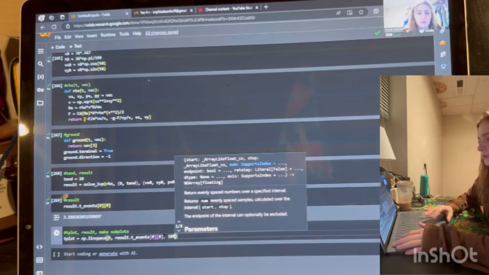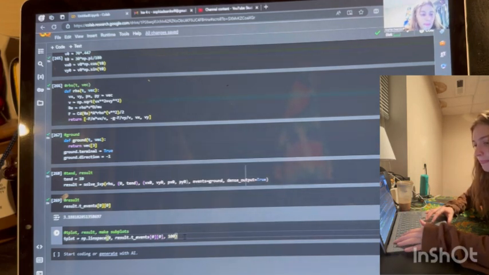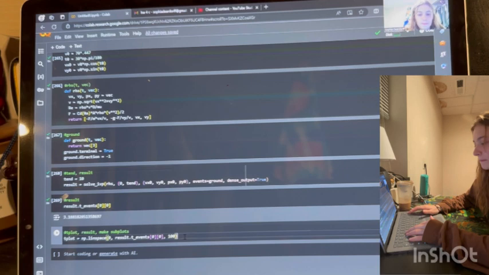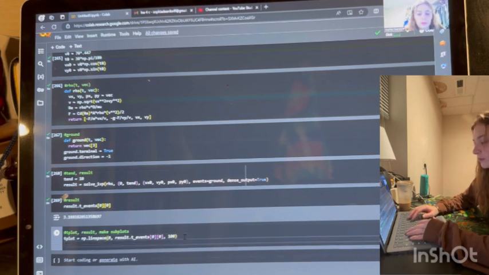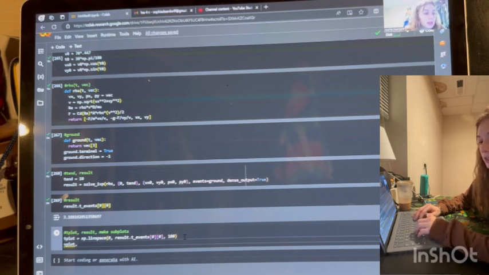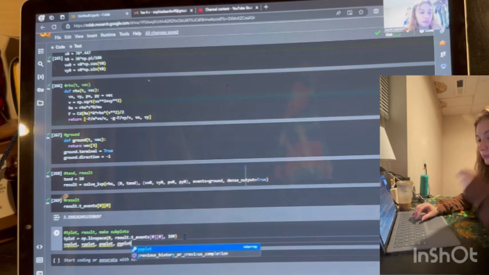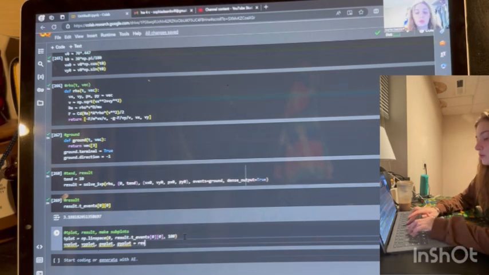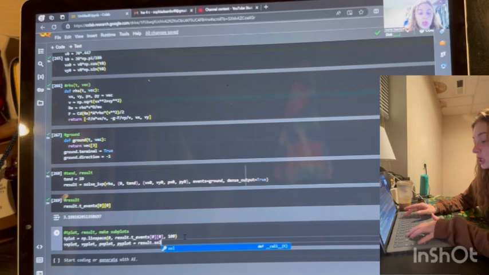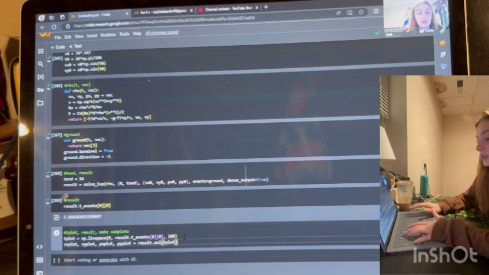And then we're going to want to do a v-plot, the x-plot, the y-plot, and then we also want a position x-plot, position y-plot, and these are going to be equal to our result.sol for t-plot.